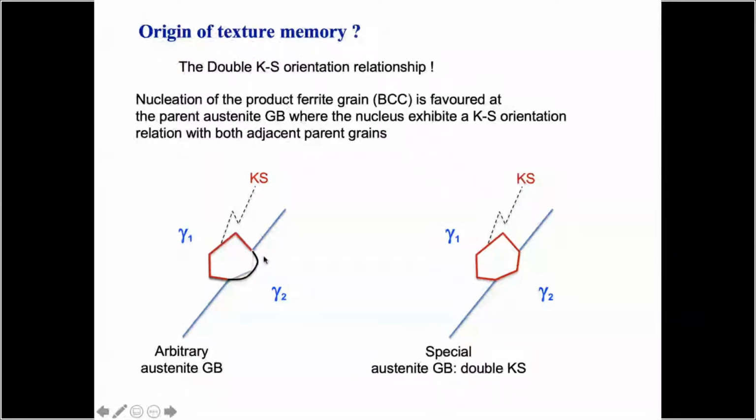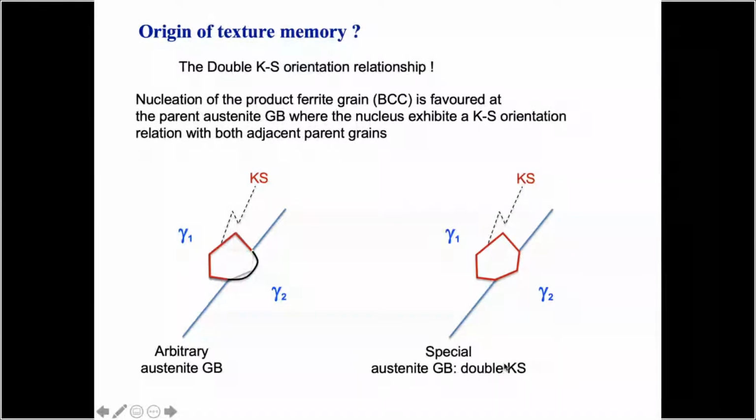Now, there are a minority of austenite grain boundaries, gamma 1 and gamma 2, that are by coincidence misoriented such that the product grain, the ferrite grain, can have a KS orientation relation with either side of the boundary.